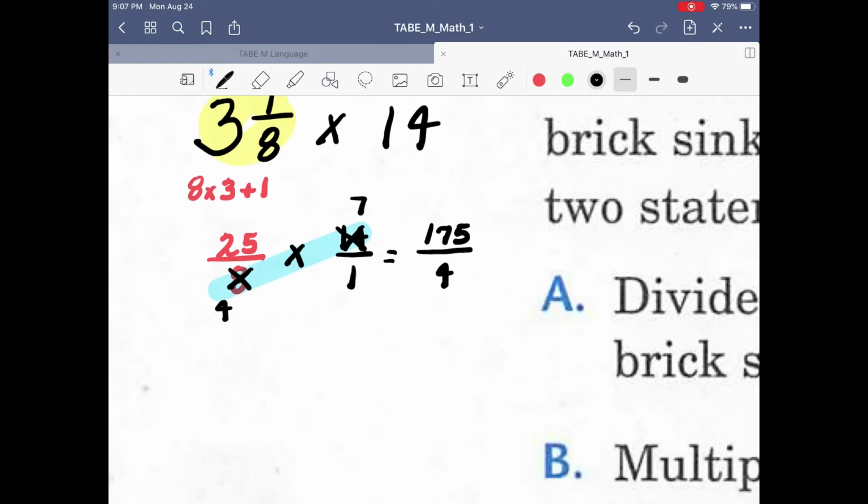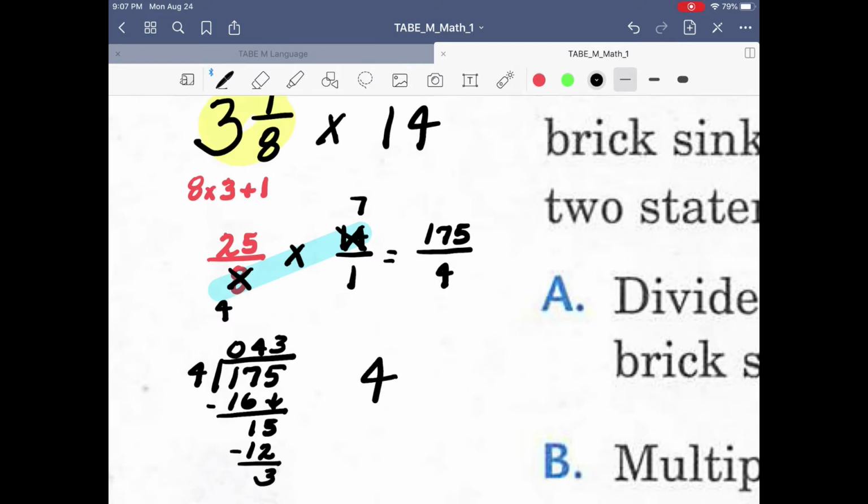And then I think I'm going to work this one out because it's kind of hard to see in your head. It's a long division problem. That would be 4 with 1. Bring down the 5 is 3. And a remainder of 3. So we're looking at 43 3/4.